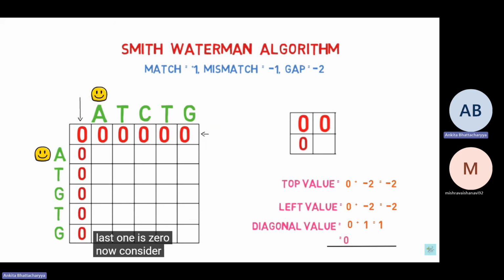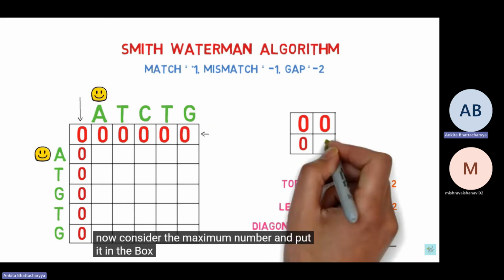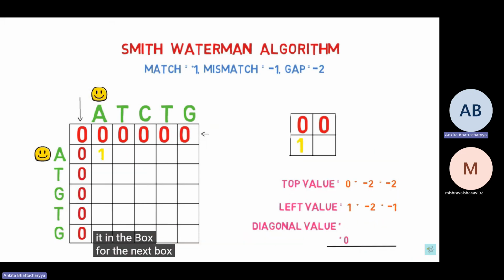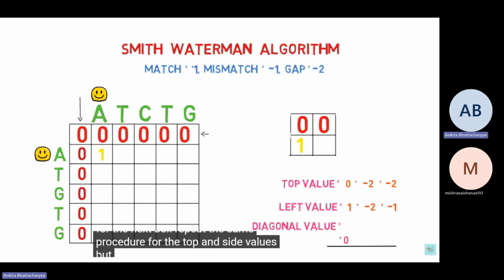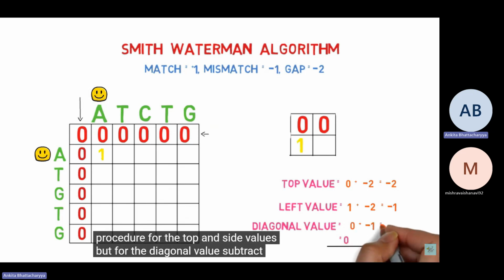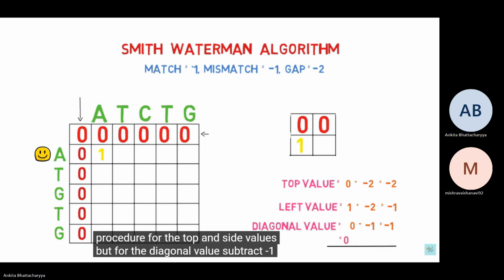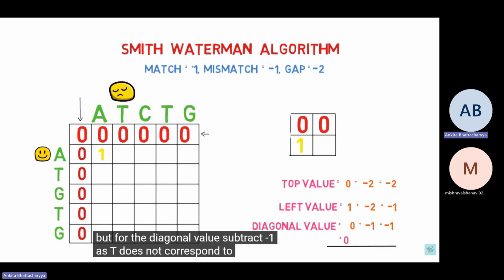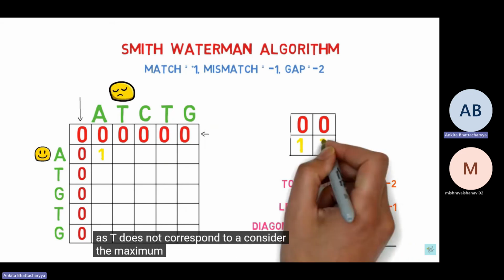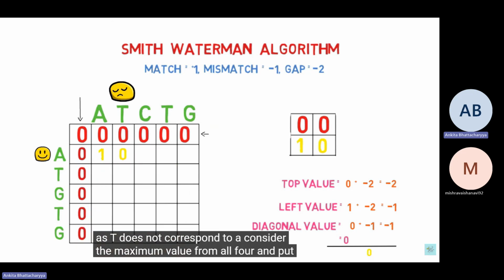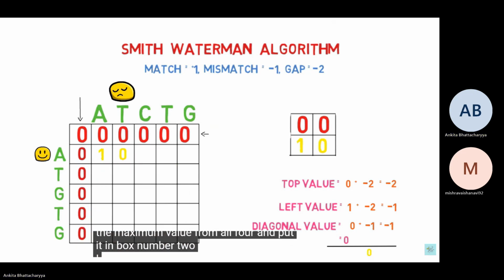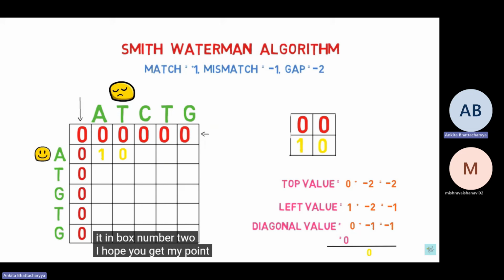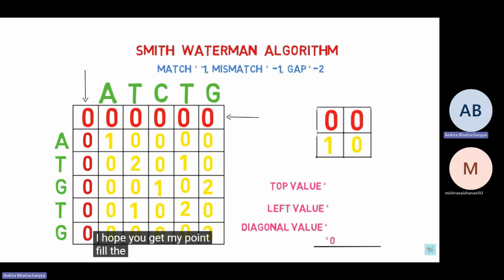Now, consider the maximum number and put it in the box. For the next box, repeat the same procedure for the top and side values, but for the diagonal value, subtract 1, as T does not correspond to A. Consider the maximum value from all 4 and put it in box number 2. I hope you get my point. Fill the matrix according to the given instructions.